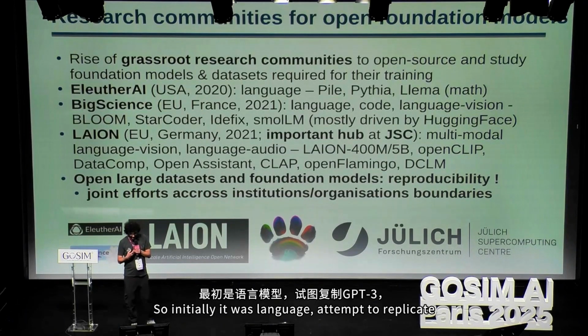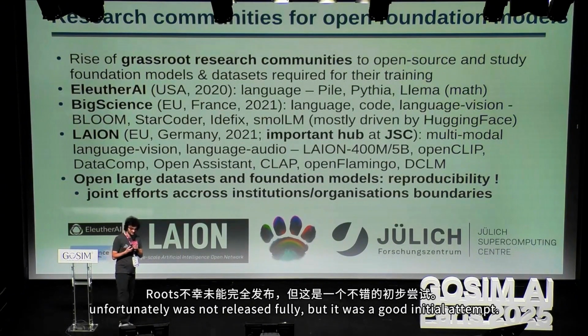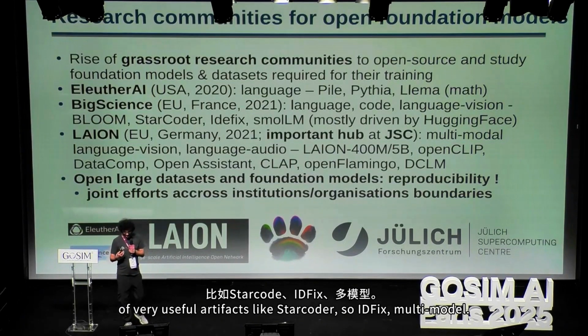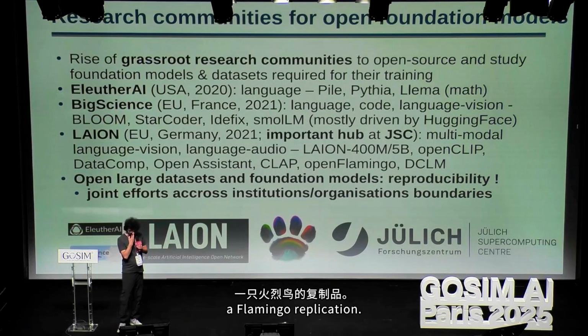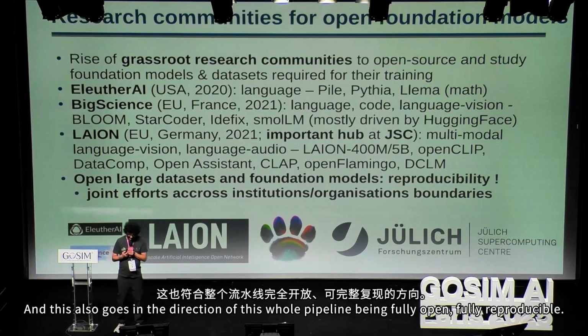Initially it was language, an attempt to replicate GPT-3, resulting in BLOOM and ROOTS, which unfortunately was not released fully, but it was a good initial attempt that gave hope to the community, followed then by a number of very useful artifacts like StarCoder, IDEFICS multimodal, Flamingo replication, SmolLM right now, we have Loubna sitting there. This also goes in the direction of this whole pipeline being fully open, fully reproducible.